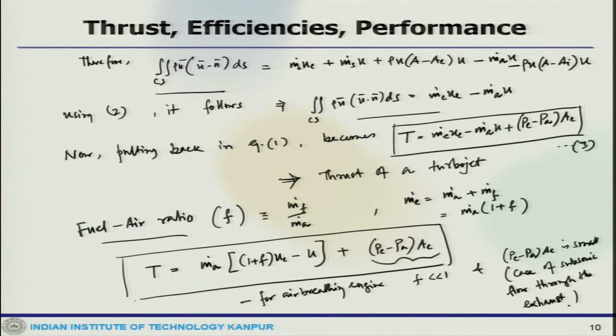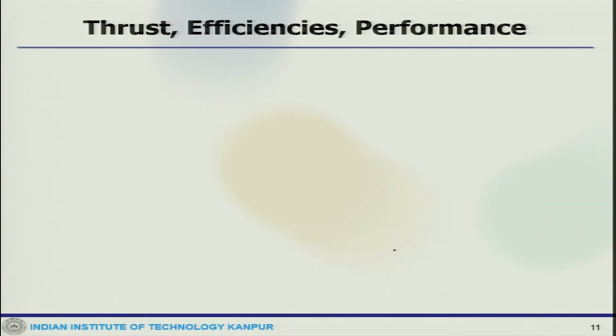So, we can neglect these terms, and finally write T equals m dot A into (1 plus F) u e minus u.